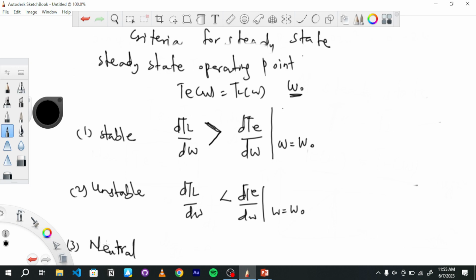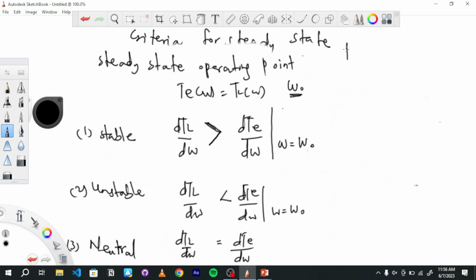In that case, dTL/d omega is equal to dTE/d omega. So these are the three possible conditions that we can have: stable, unstable, or neutrally stable.